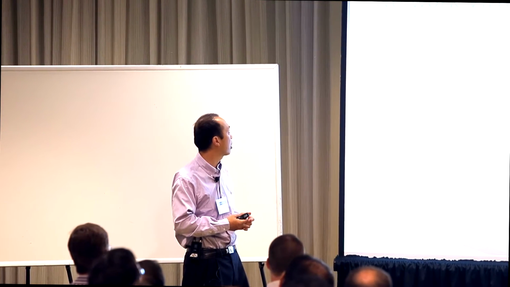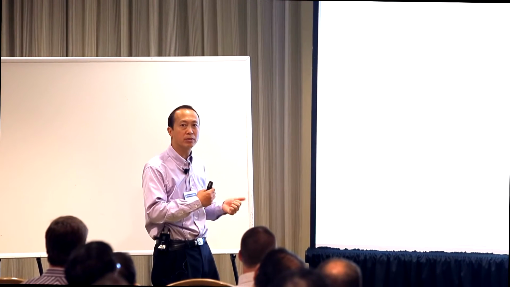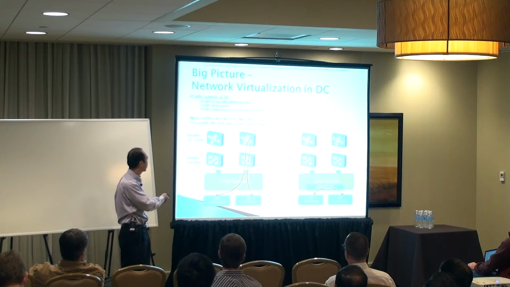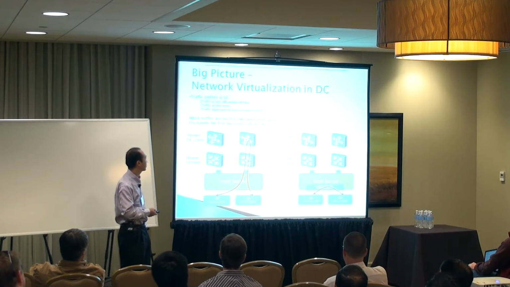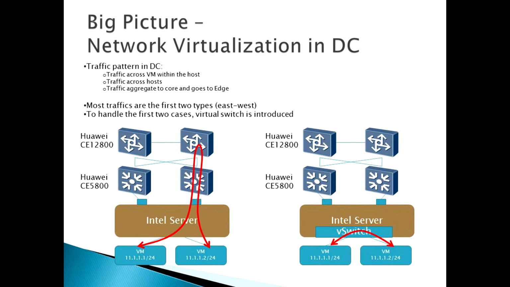Another case is traffic that goes from the aggregate to the core to the edge. Most of the traffic in today's data centers is the top two, what we call east-west traffic. To better handle these first two cases, people started to introduce the so-called virtual switch. On the left and right sides, you can see that with the introduction of a virtual switch, the hairpin can basically be avoided in this case.